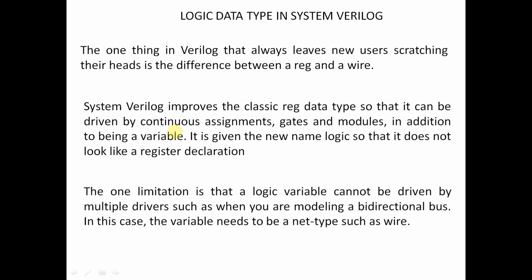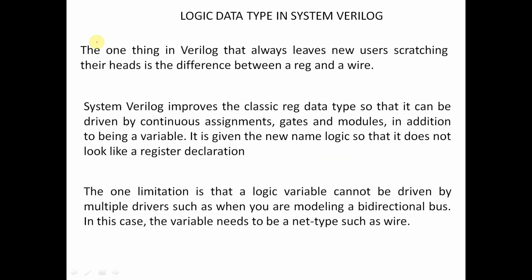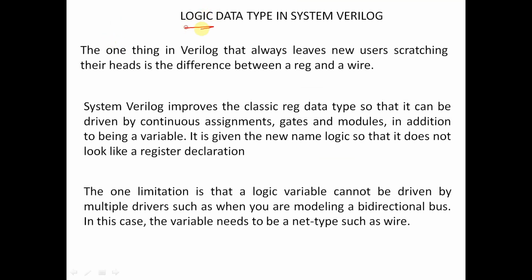So coming to System Verilog, we have been introduced to two-state data types. Before going into two-state data types, we will first discuss the logic data type in System Verilog, which is a four-state data type. System Verilog introduced a new data type called logic.